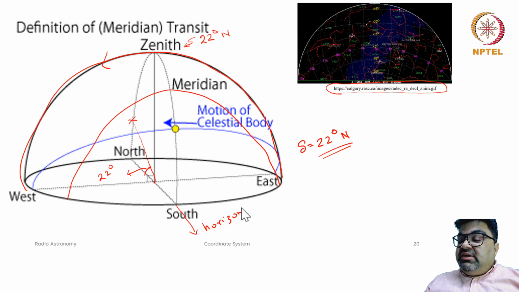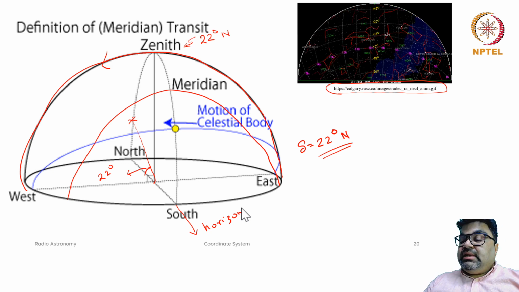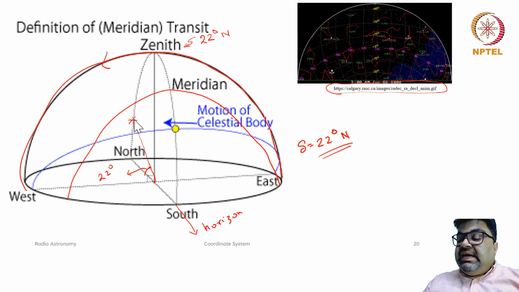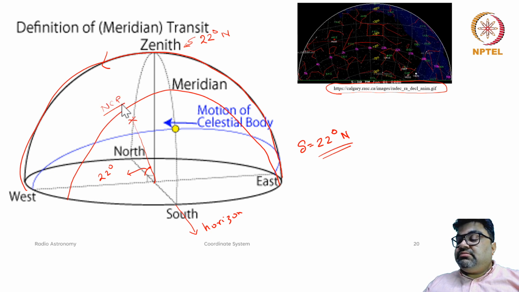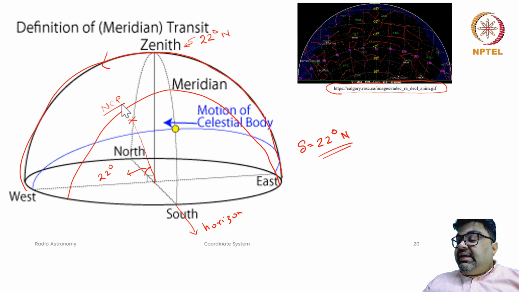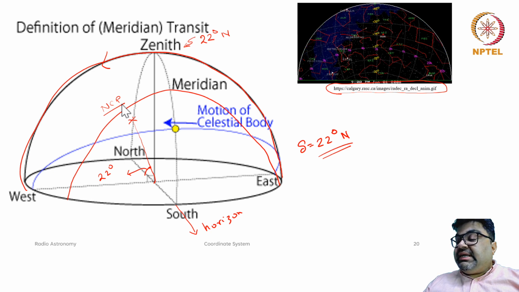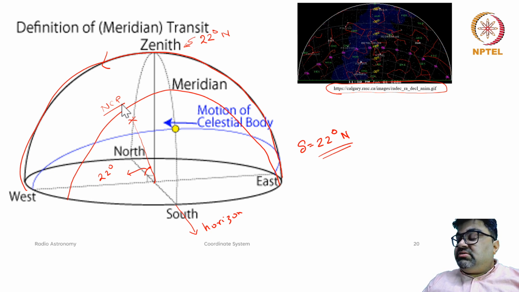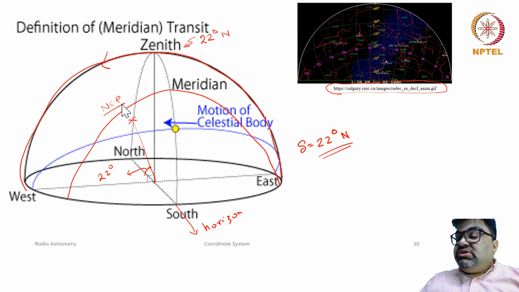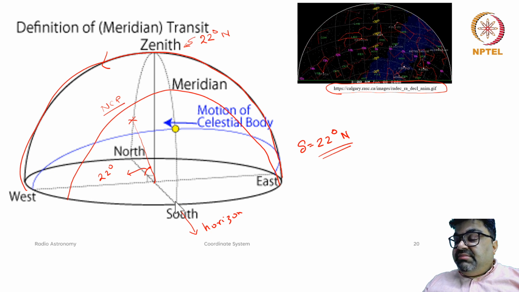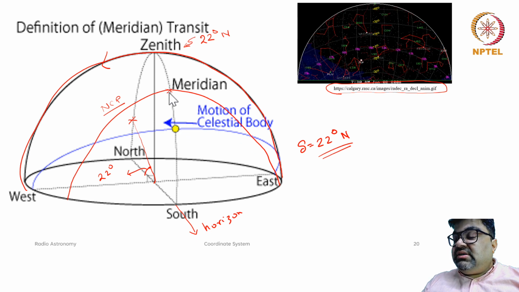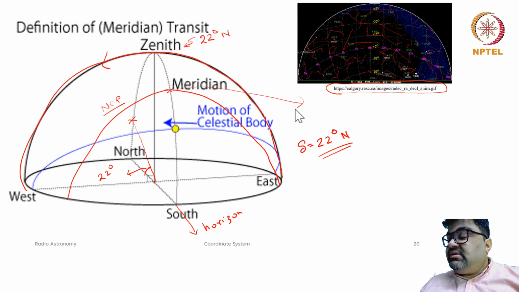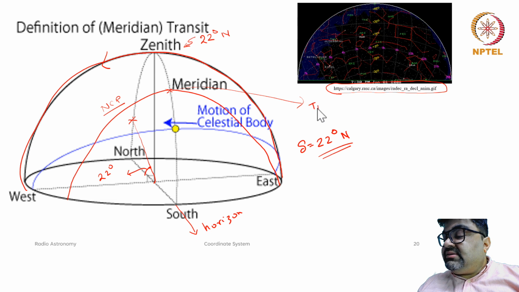Okay, so if I look towards the north, then I would see the north celestial pole. Okay, what else? Any source which passes through the meridian, at the meridian crossing, those are called transits.